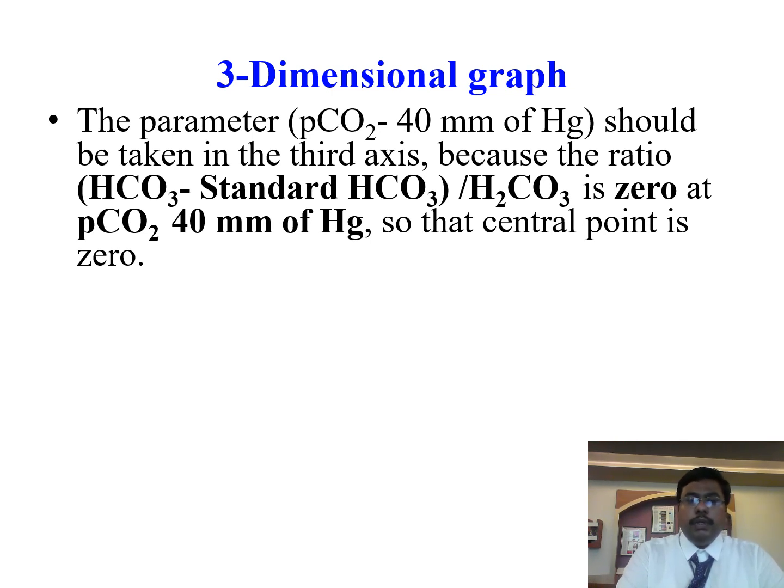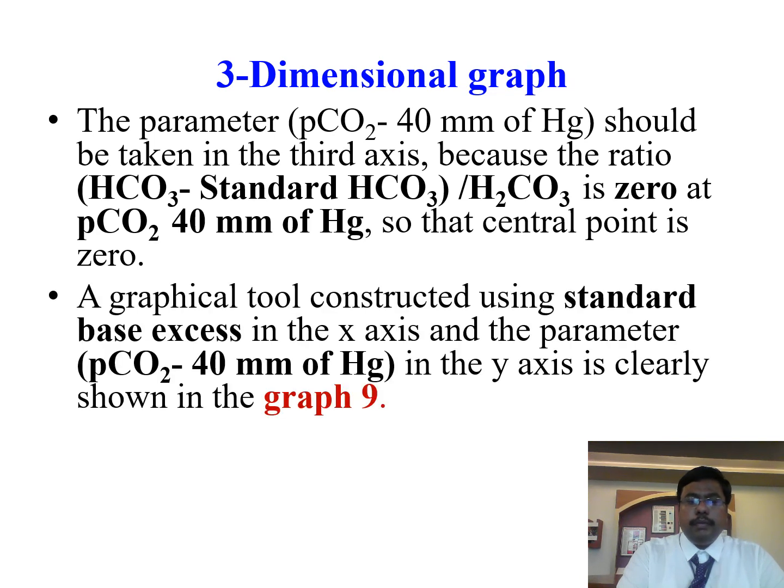At PCO2 40, both bicarbonate and standard bicarbonate values are equal, so the difference will be 0. So the central point will be 0. A graphical tool constructed using standard base X on the x-axis and the parameter PCO2 minus 40 on the y-axis is clearly shown in graph 9.